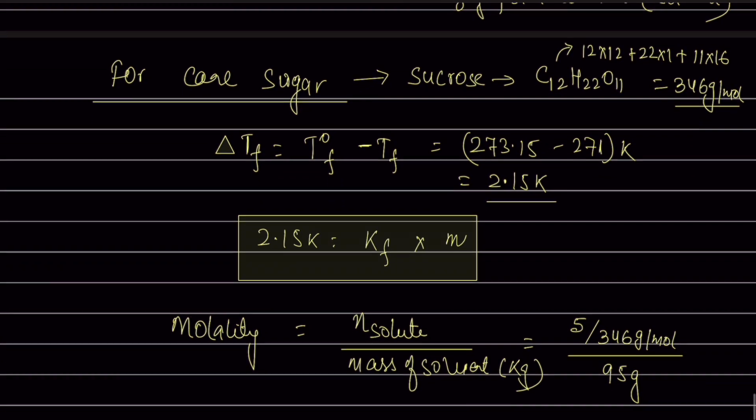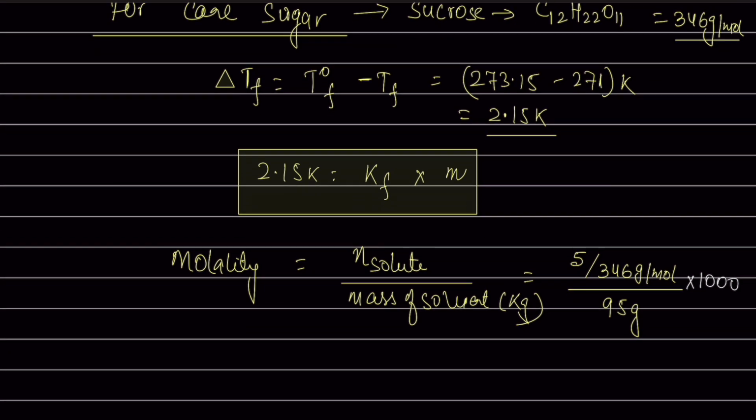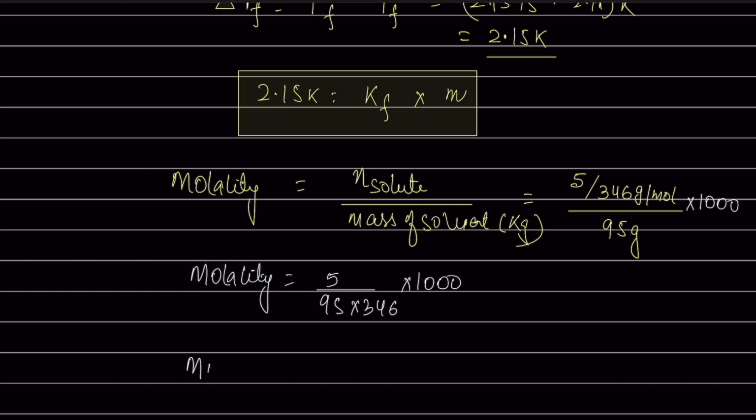We can substitute this value, but this is in gram, and it must be in kg, so we multiply by 1000. Further solving, molality is equal to 5 by 95 into 346 into 1000, which is 0.152 mole per kg.